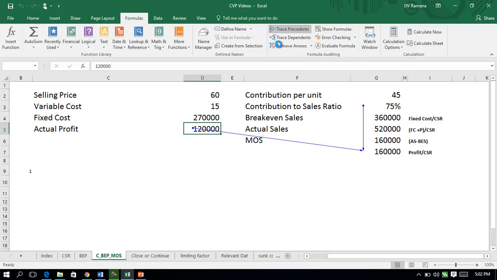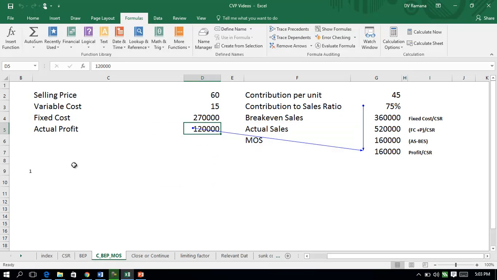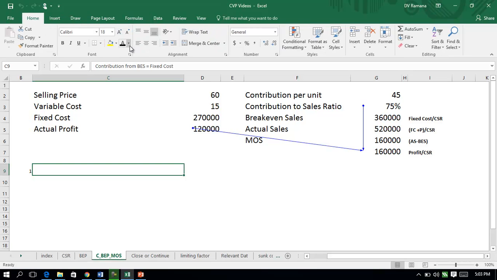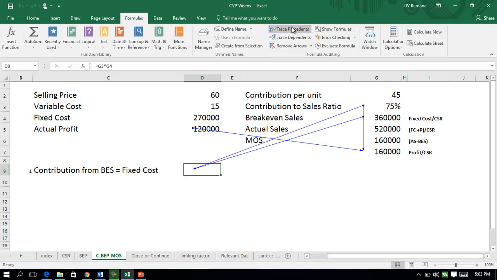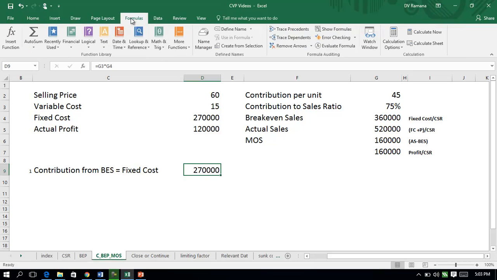So to recap, the contribution from the break-even point is equal to fixed cost, which is equal to 75% of the break-even sales. So 270,000. How did we get this?